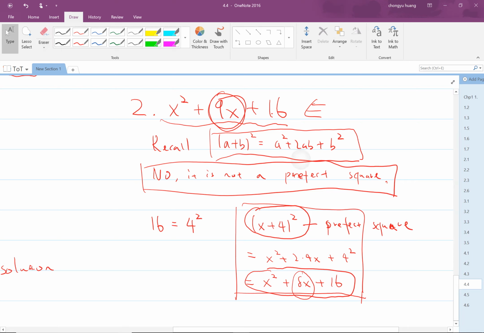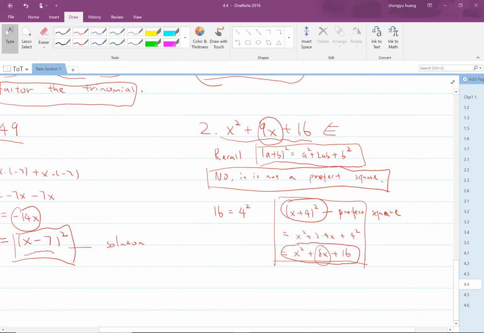But over here it's actually 9x. So those are not equal. We need to have 8x in order to have a perfect square, right? But over here it's 9x. So it makes sense, right? Therefore it is just not a perfect square.